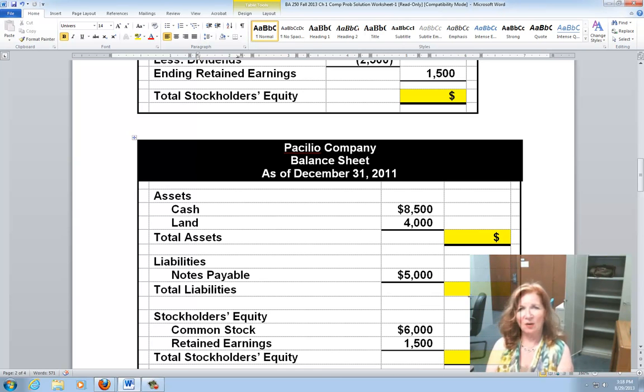This ends our work with Chapter 1. I would highly recommend rereading Chapter 1 now after doing the comprehensive problem. You'll be amazed at how much the information seems familiar to you, how easy it would be to highlight what is important in the chapter, what's emphasized in the chapter, so that you could go ahead and take your test on Chapter 1.